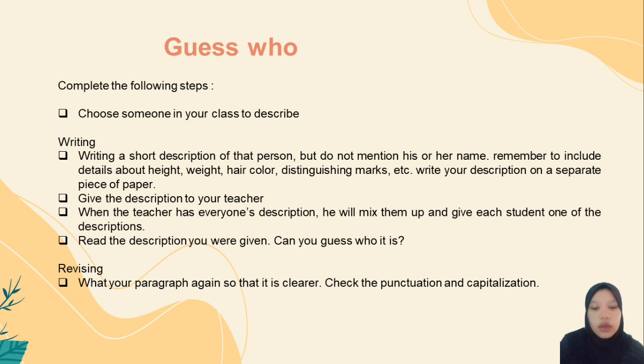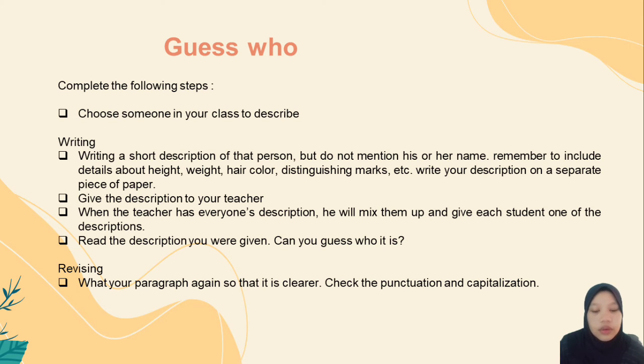Writing a paragraph. Complete the following steps. Choose someone in your class to describe. Write a short description of the person, but do not mention his or her name. Remember to include details about height, weight, hair color, distinguishing marks, and so on. Write your description on a separate piece of paper.